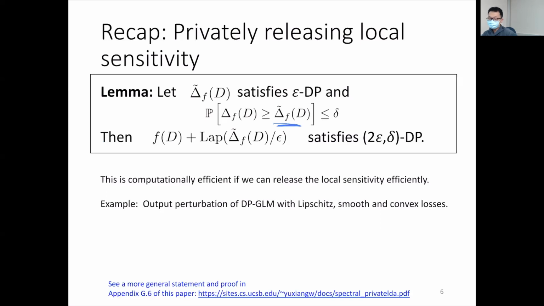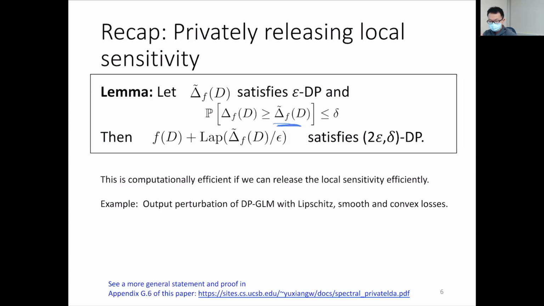So it's not always the case that we can easily privately release the local sensitivity, but if we do, then this is an approach that can be substantially more computationally efficient compared to previous approaches, and it's also relatively straightforward to internalize what this means, because we want to privately release and privatize the decision of how much noise we add, and essentially this is a smoothing procedure that makes the local sensitivity smooth out across neighboring data sets.